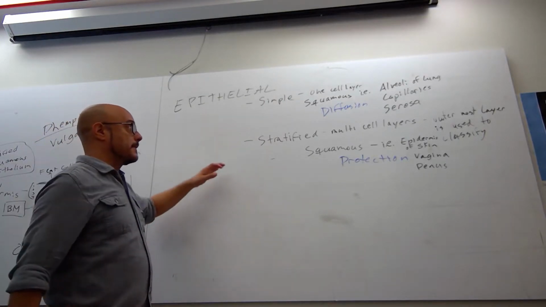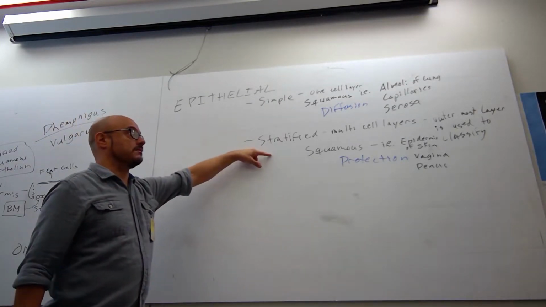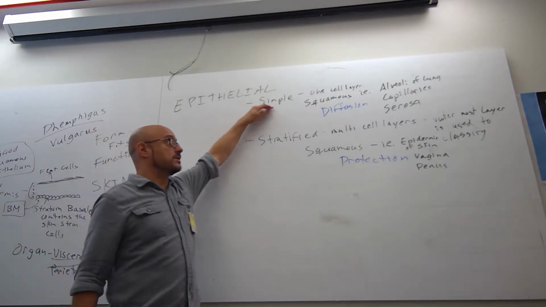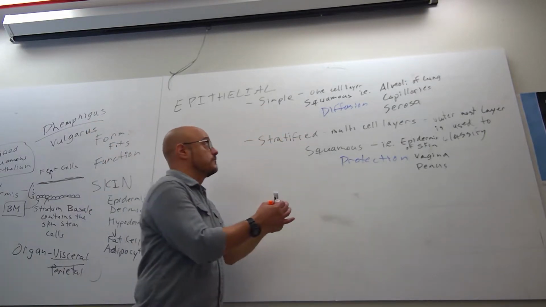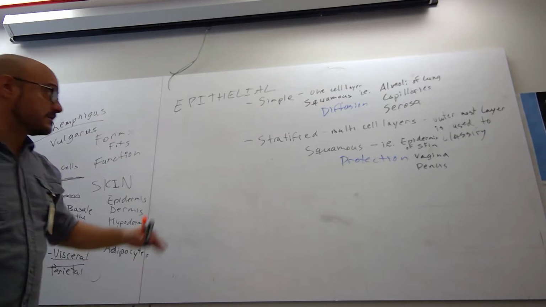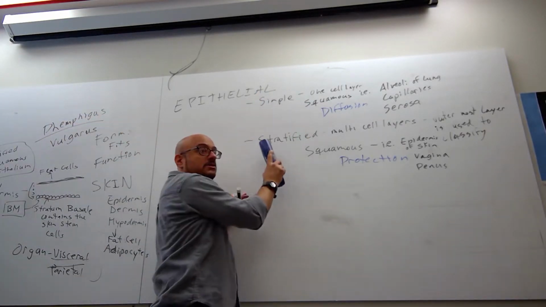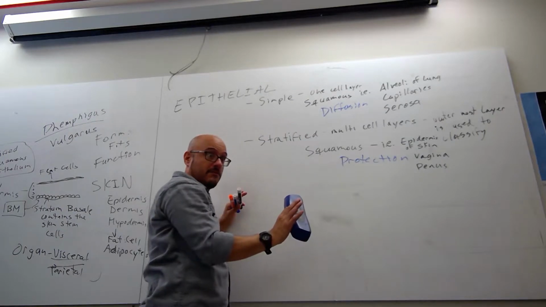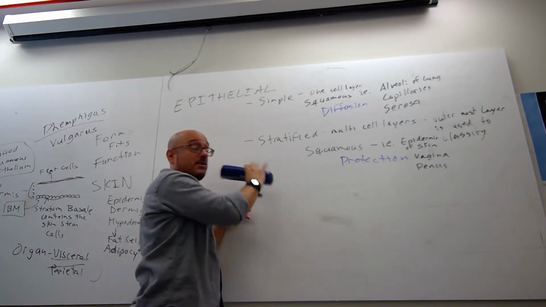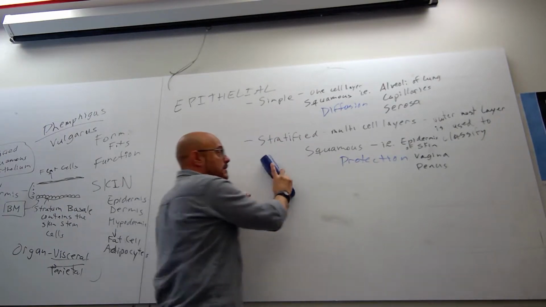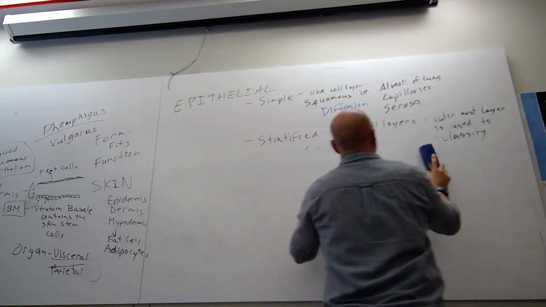Now, these aren't the only examples though, right? Because with the simple, you've got squamous, but then you have three others. So I just wanted to compare simple squamous to stratified squamous. Everybody follow? Okay? I'm going to erase that now.